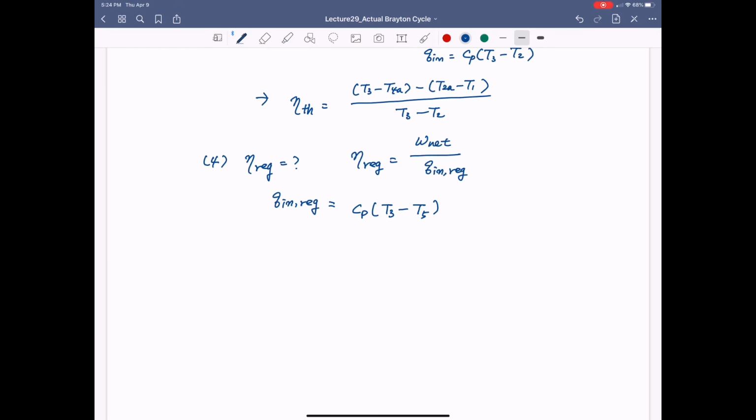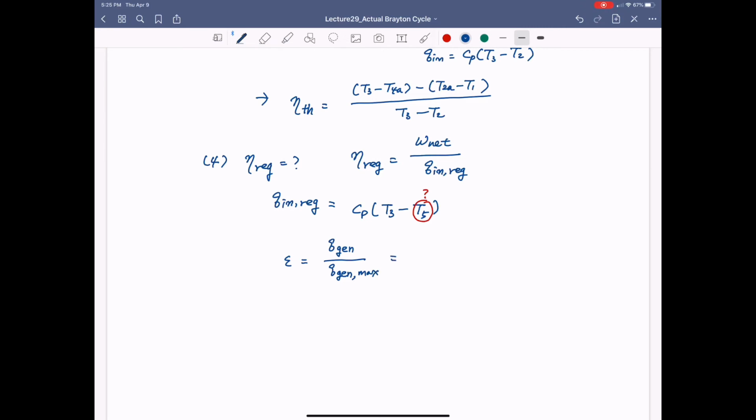So we know T3, we know CP, right? We also calculated W net, but how can you calculate this T5? We still don't know this T5 value. But one condition we haven't used so far is the effectiveness of the regenerator. Again, the effectiveness of the regenerator is defined as the regenerated heat divided by the maximum regenerated heat from the air side.